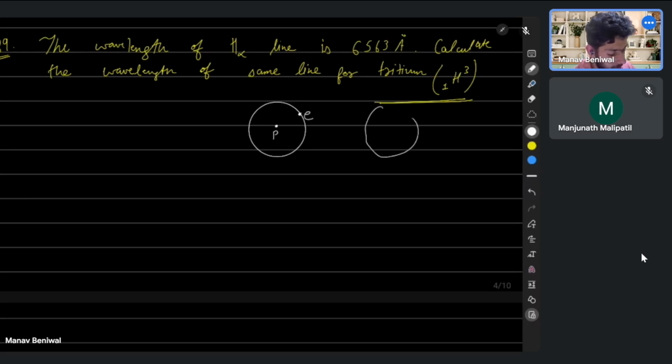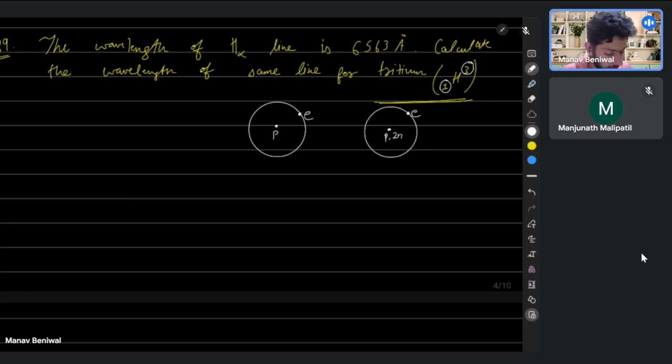But tritium will have one proton, two neutrons and one electron. Therefore, its atomic mass will be 3. You can see we are given mass as 3, and this is your charge. So charge is 1. We have one proton and two neutrons, and the charge is balanced, right? Proton has one positive charge, electron has one negative charge, so the resultant charge is 0 because neutrons do not have any charge.